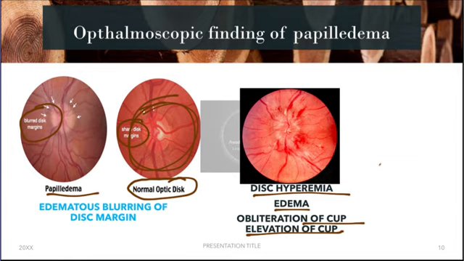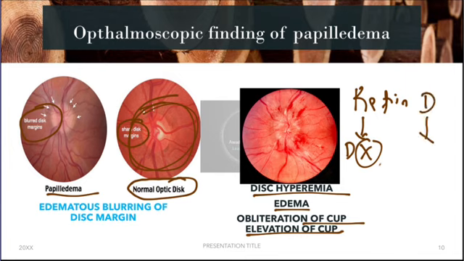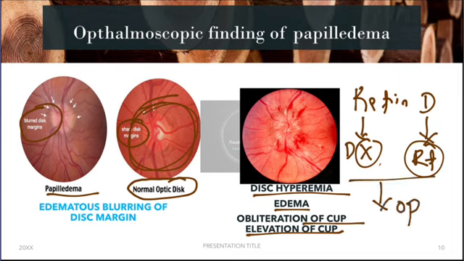Due to elevation of optic disc, whenever a clinician ophthalmoscopically focuses retina, disc is not visible. So whenever clinician focuses disc, retina is not visible. That means there is a bulging in optic disc. Both are not at same level.